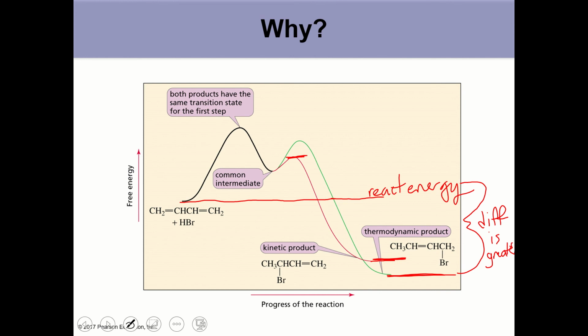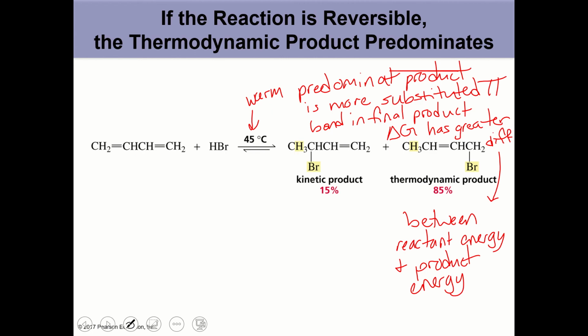And that is the definition that we gave to more thermodynamic stability. More thermodynamic stability is greater difference between reactant energy and product energy. So the best delta G value is achieved when we have a thermodynamic product, and that's possible when we have warm conditions.